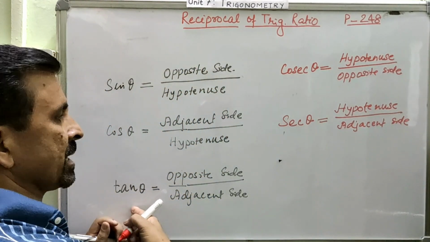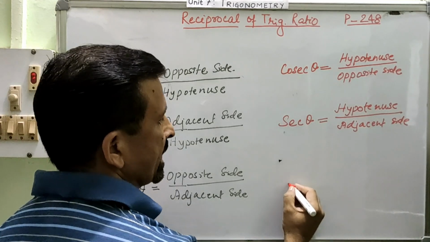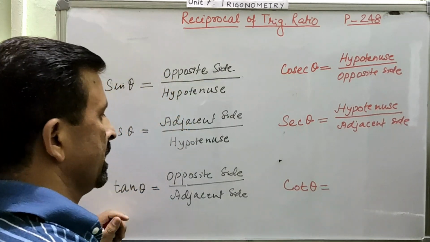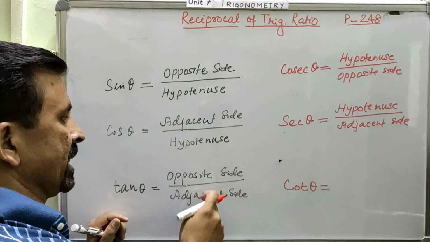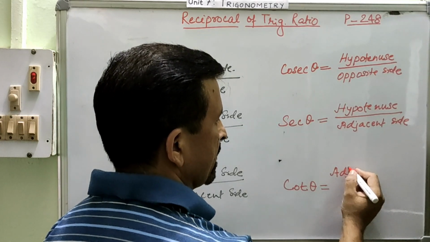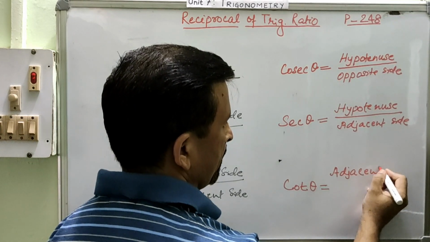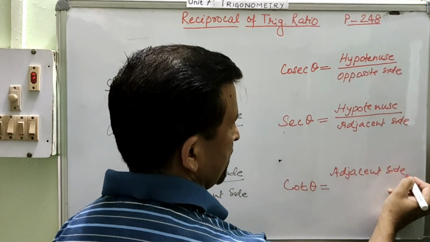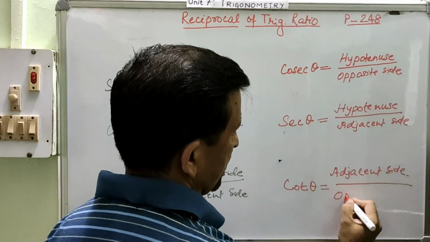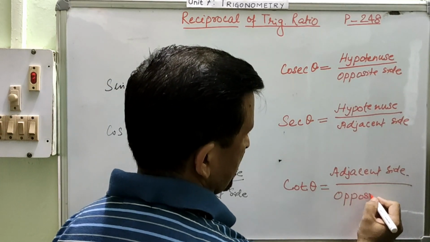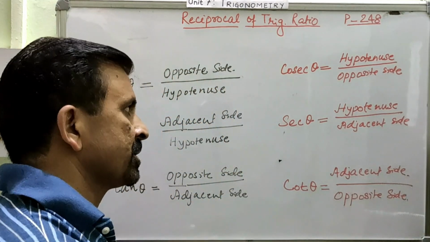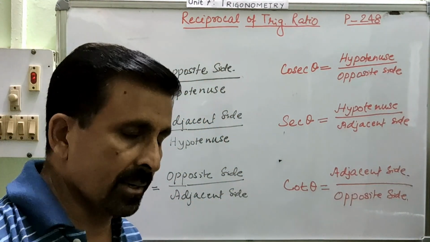Likewise, the reciprocal of tan theta is said to be cot theta. And the ratio of this cot theta will be again the reciprocal of this one. So it will be now adjacent side divided by opposite side. So these are called the reciprocals.